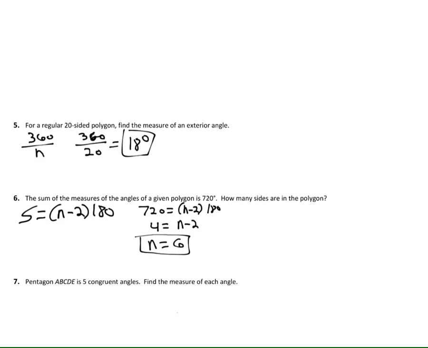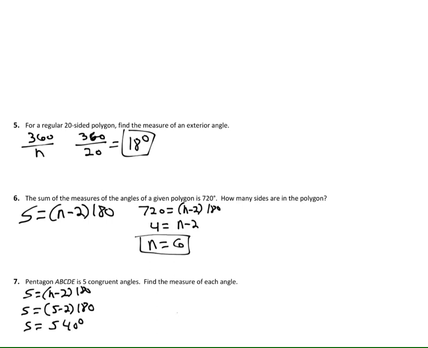So I'm going to do the problem S equals N minus 2 multiplied by 180. I have 5 sides, so S is going to be equal to 5 minus 2 times 180. So 5 minus 2 is 3. 3 times 180 is going to give me 540 degrees.